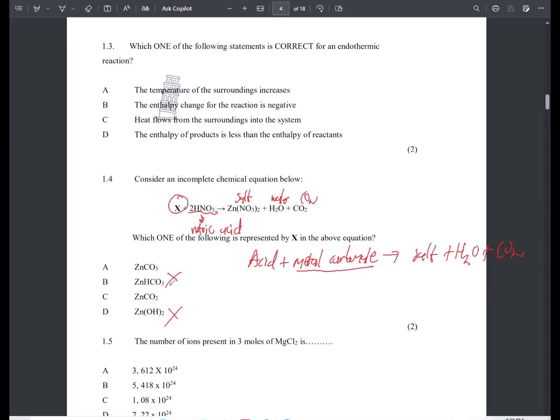And then this is not really a carbonate. So this is metal hydrogen carbonate. But then we said this occurs when we are reacting an acid with a metal carbonate. So the answer has to be what? A. Nice one. So we are fine with that.